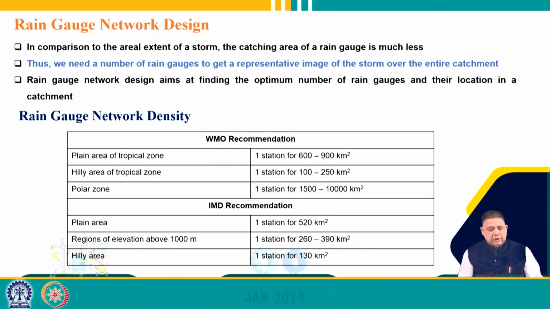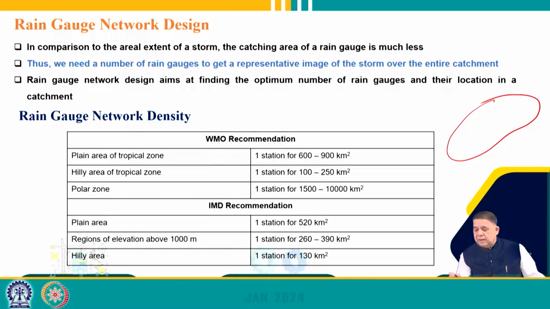Typically, if you talk about a watershed, and there is one rain gauge installed here, and you record the data, then this may not represent the rainfall over the entire catchment. The reason is that, in comparison to the areal extent of the storm or the area we are interested in, the catching area of the rain gauge is much less.